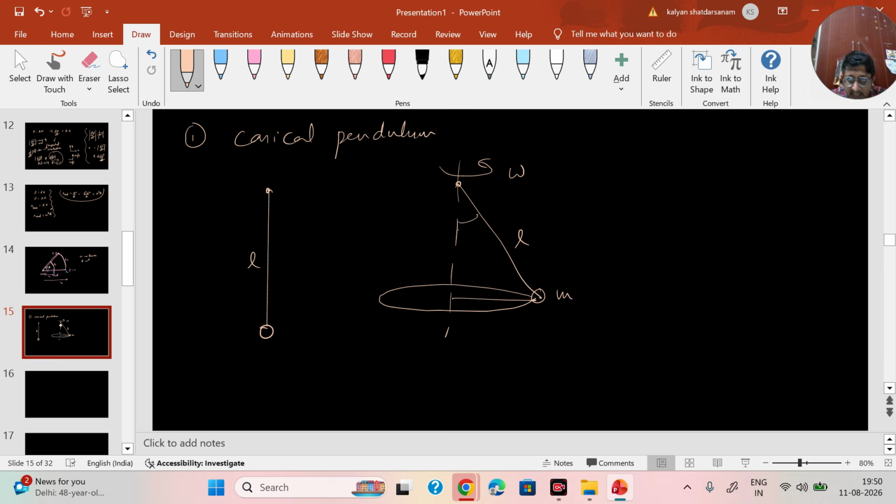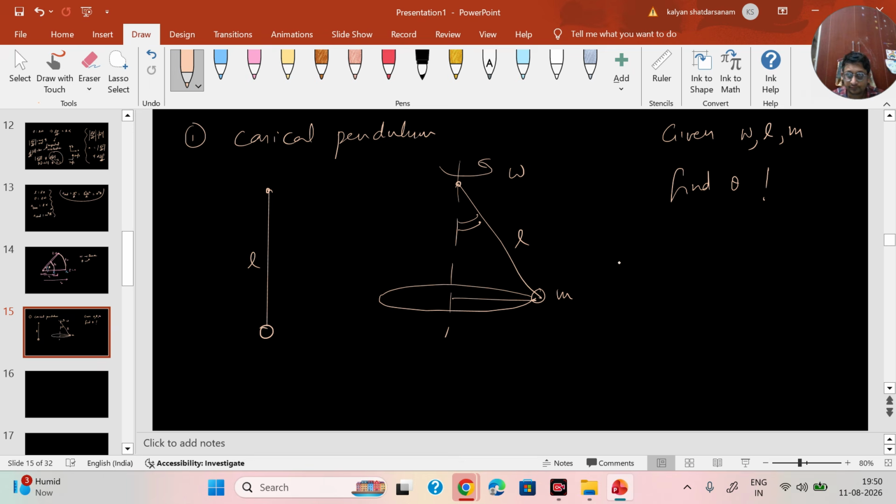So what is given? Omega, the length of the string, and the mass of the object tied at the end of the string. Find theta. This is my question. Depending on what angular speed you are rotating with, the angle made by the string with the vertical can change. So we'll try to find it out.